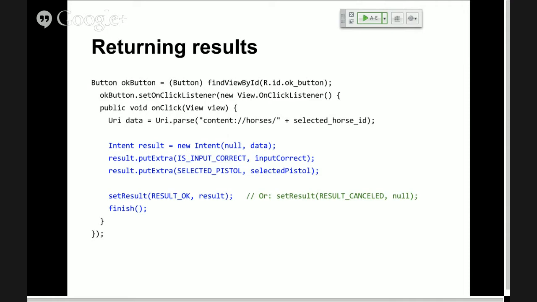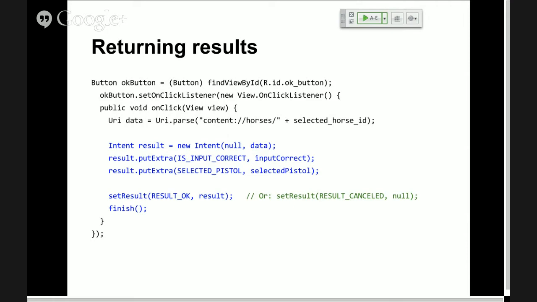And is input correct the variable inside your other activity? It essentially needs to be a constant that is shared between the two activities, because it's a tag. And so in one activity, I say put this input correct associated with the tag is input correct, which is a string tag. Okay? And in the other activity, I will have to fish it out using that same tag name.